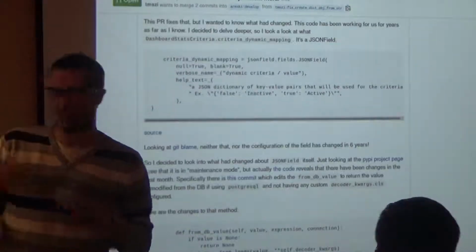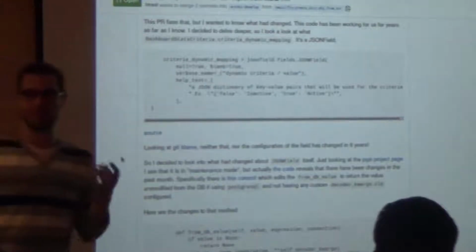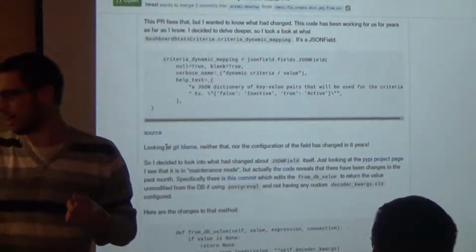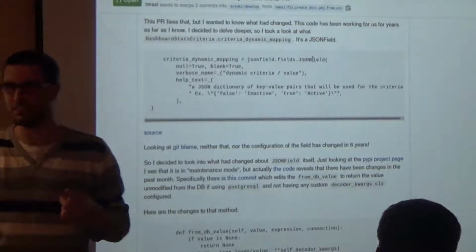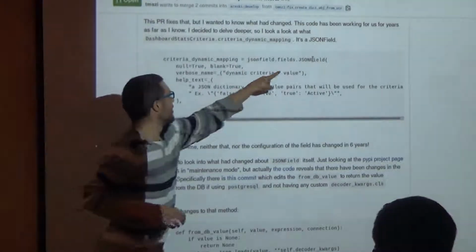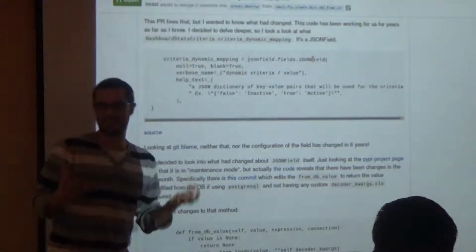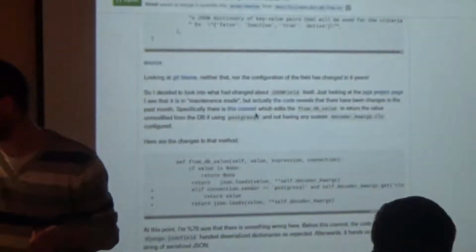And so I looked at the diff of pipenv lock, and I saw that indeed the JSON field that Django admin tool stats is using has been updated. And there's a commit, actually.